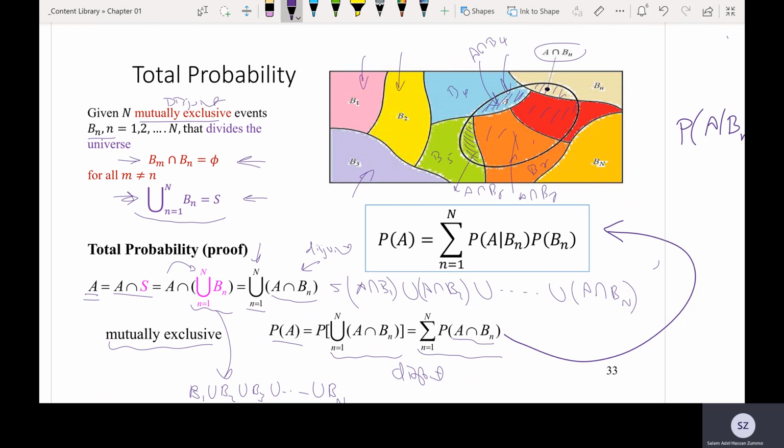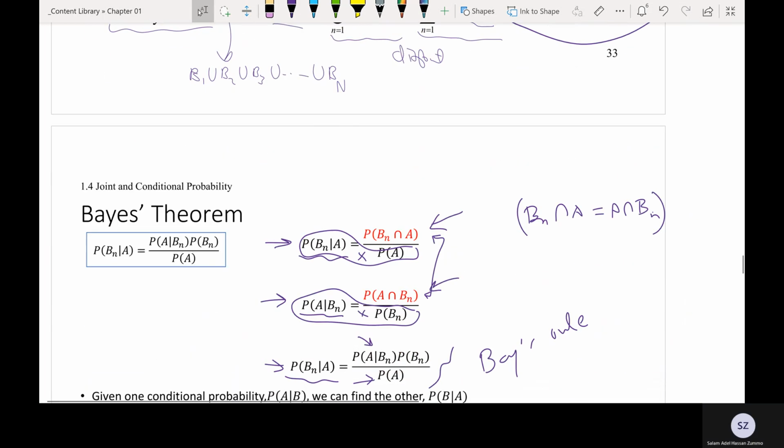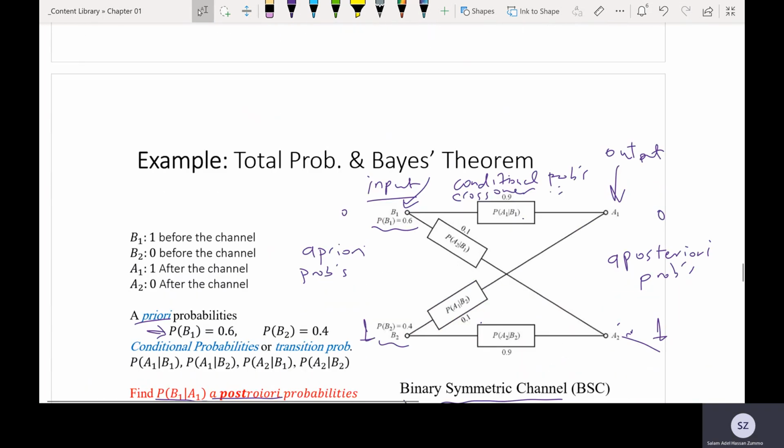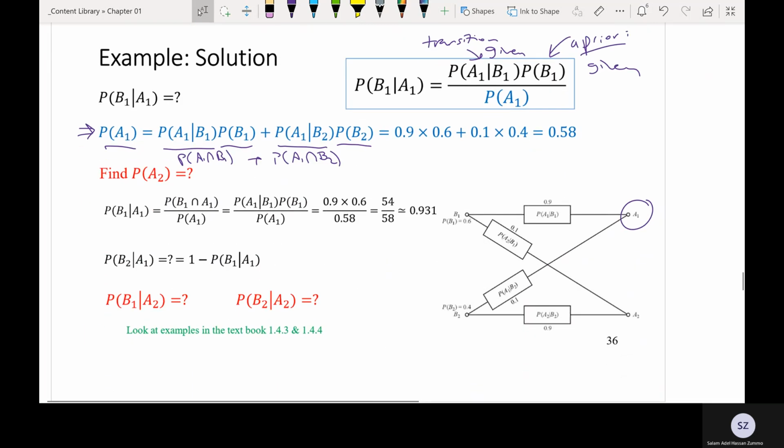Then I simply find A as the union of the event intersect with B1, B2, and so on. Here we have two B's, B1 and B2. Clear? We multiplied because this is the probability of the intersection between A1 and B1, and using the conditional probability, it's equal to the conditional probability multiplied by the probability of B1. Clear? I feel everybody does.